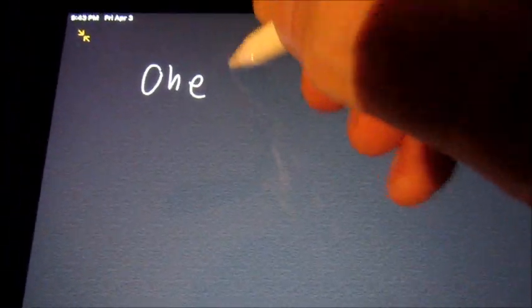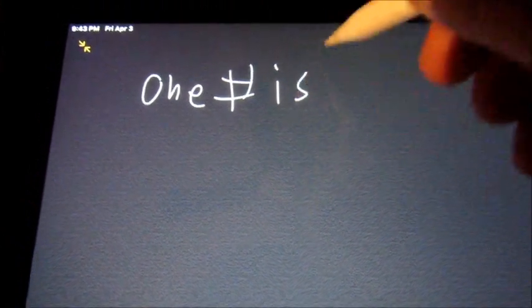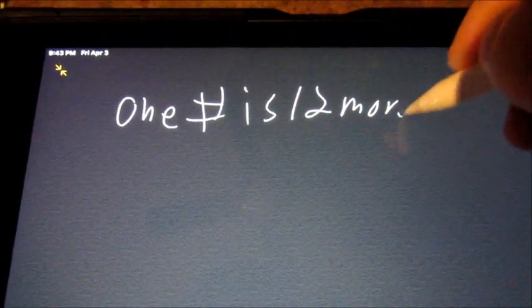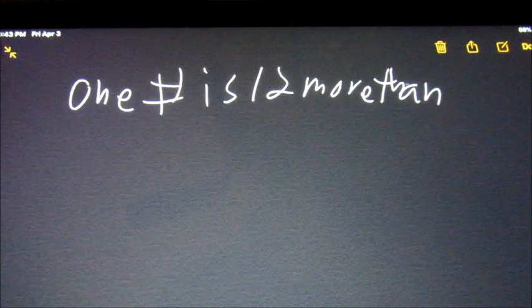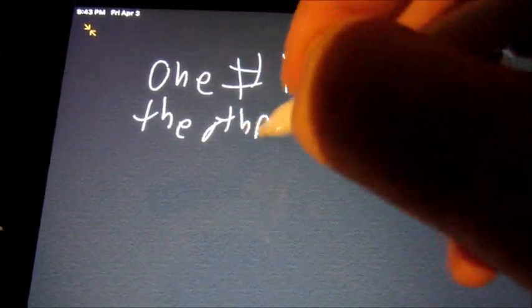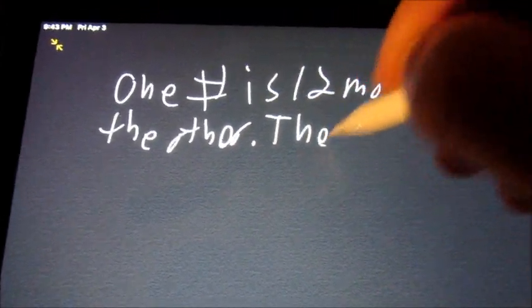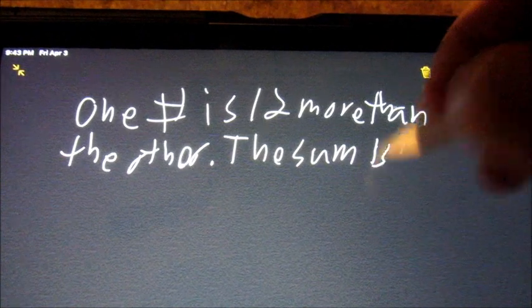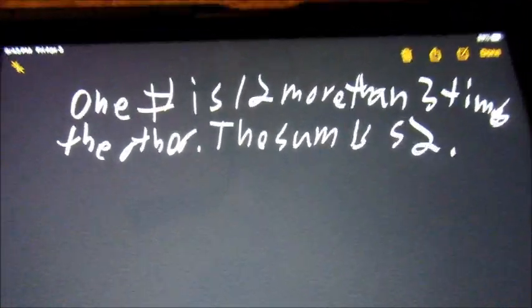Okay, so the next one: one number is 12 more than 3 times the other, and the sum is 52.